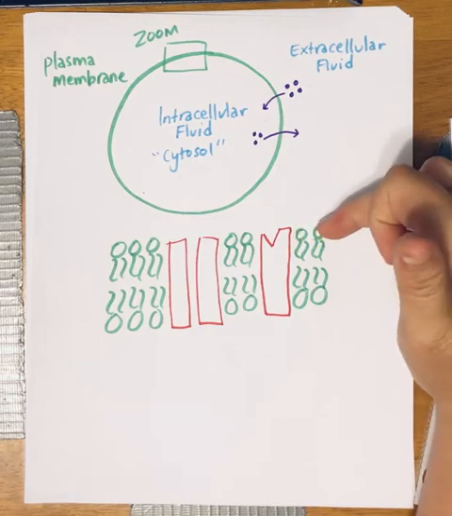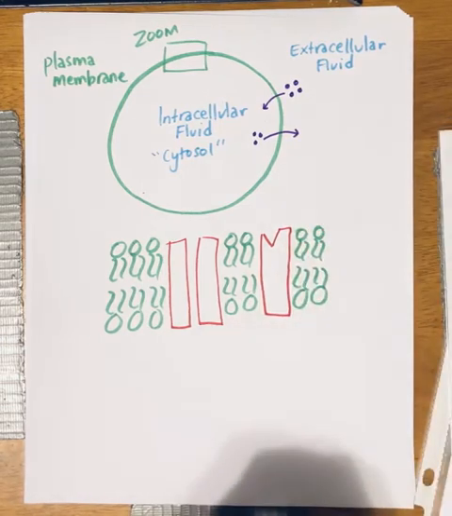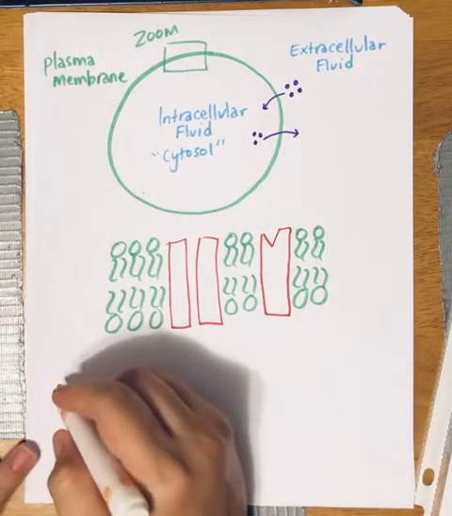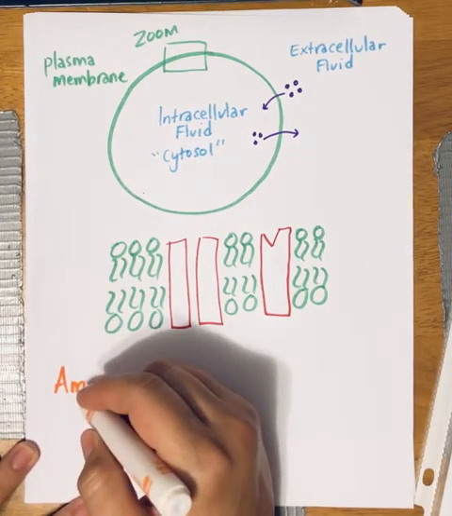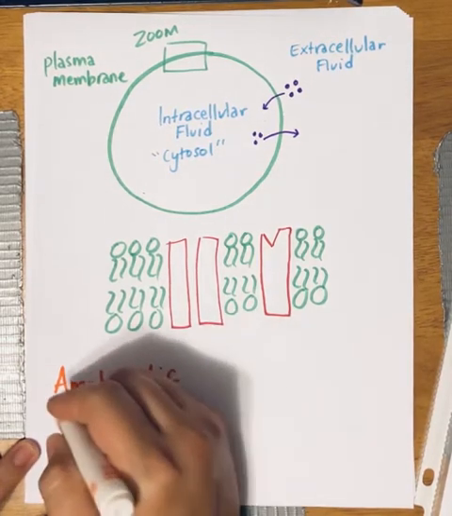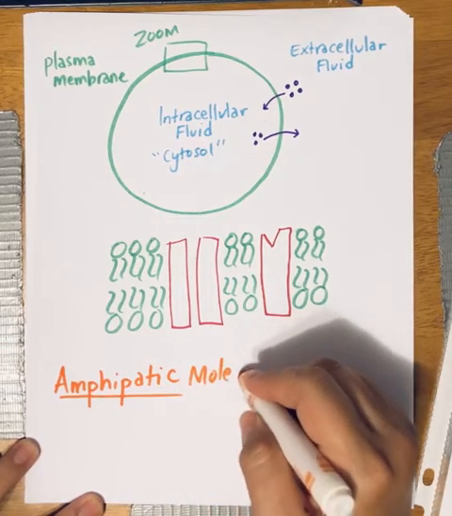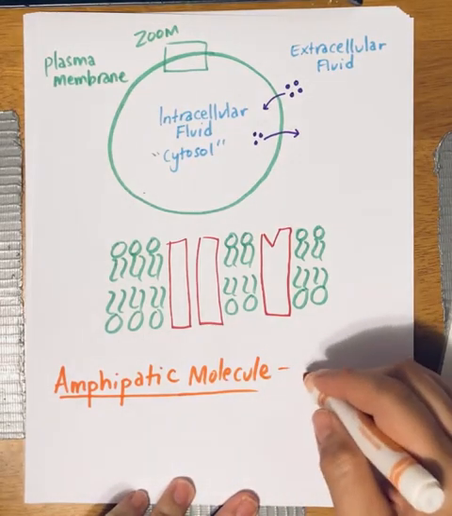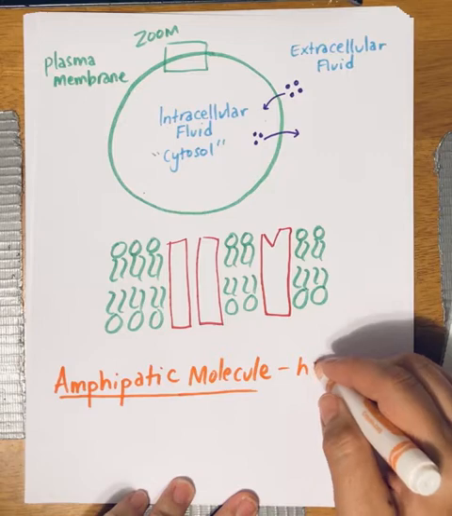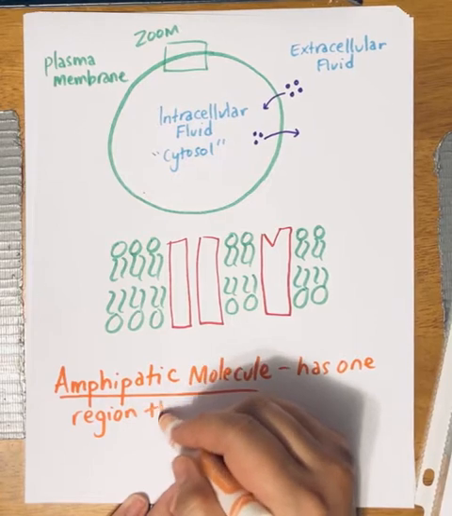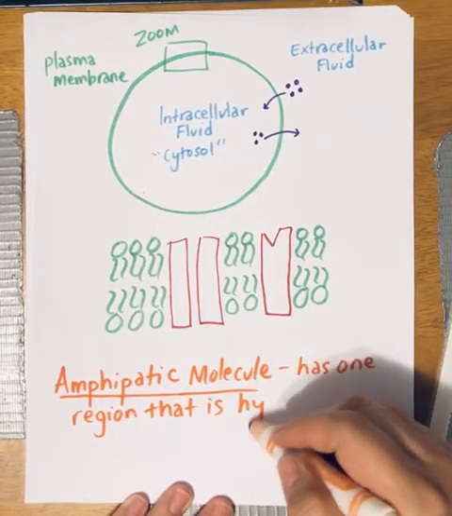So when we talk about a phospholipid, there's a word that we use to describe it. A phospholipid is what we call amphipathic. An amphipathic molecule is a molecule that has one region that is hydrophilic.